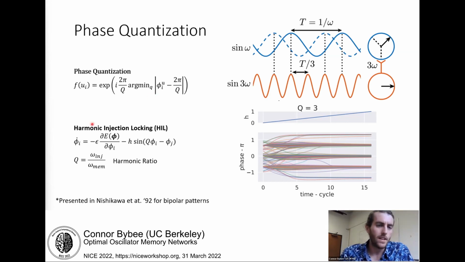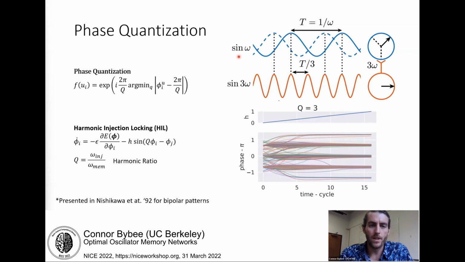But we can use some ideas of nonlinear oscillators and the idea of harmonic injection locking to perform this phase quantization, where we use a network of oscillators and a nonlinear ratio between those here, Q, equal to the frequency of the harmonic injection over the fundamental frequency, or the frequency of the memory network. And the graphic on the top right demonstrates how such a network performs this phase quantization.